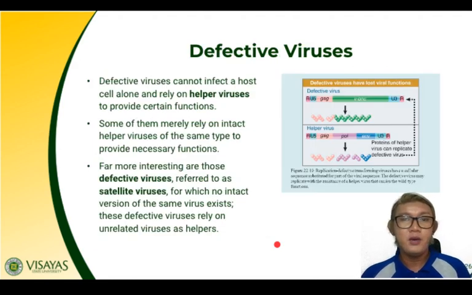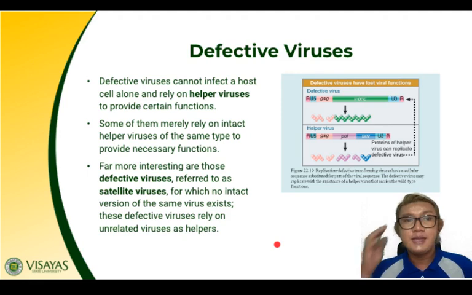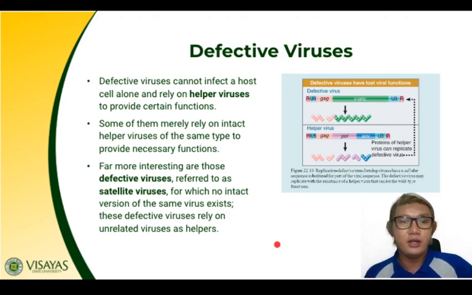Now, another type of subviral entity is the defective viruses. Defective viruses cannot infect a host cell alone, and they rely on helper viruses to provide certain functions. Some of them merely rely on intact helper viruses of the same type to provide the desired function.